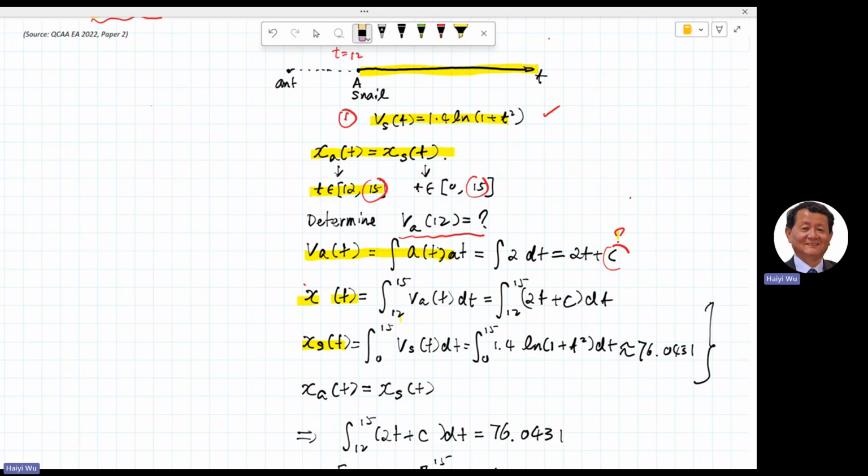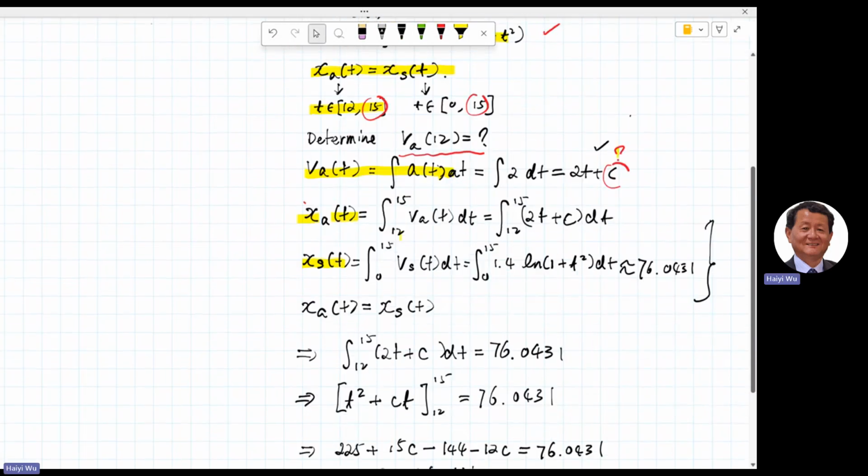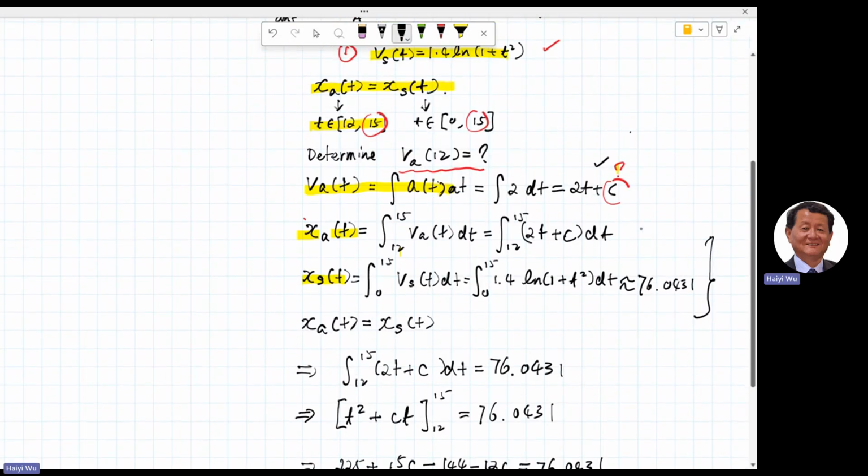Sorry, my apologies, this is still the ant. The displacement for the ant is from 12 to 15, so we integrate it. We can leave that as equation 1 for now.